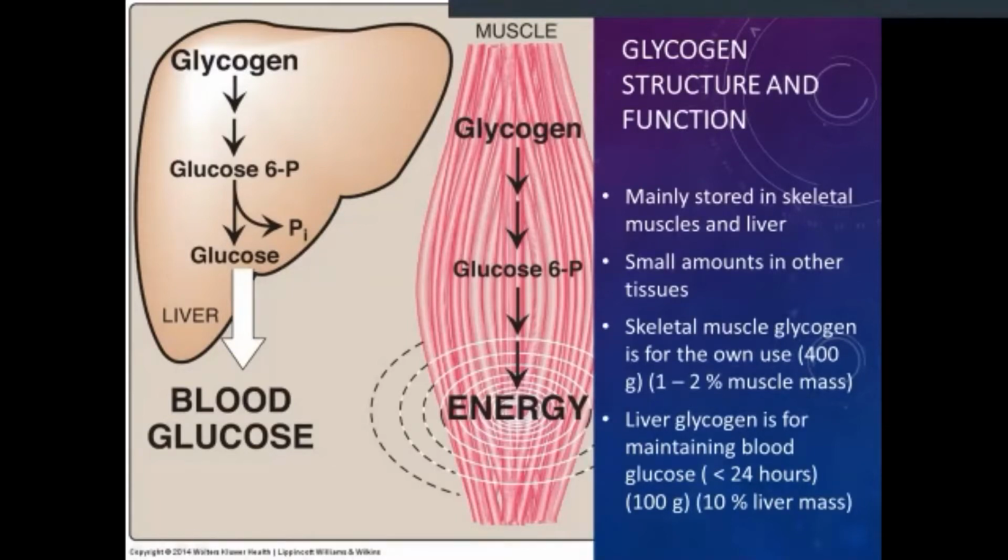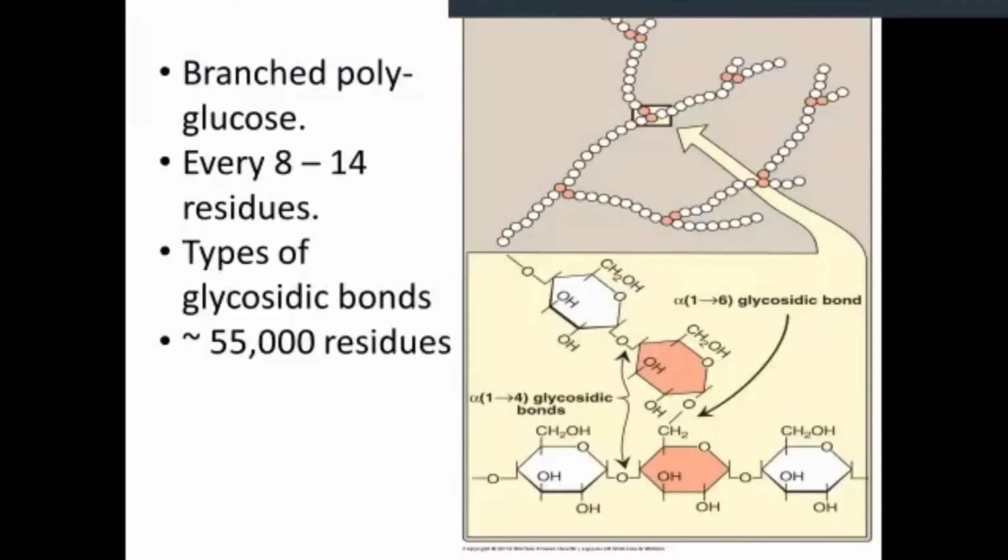That is going to be consumed in the first 24 hours of fasting or starvation, and these 100 grams represent 10% of the liver, so it's a huge amount according to the liver weight or size. So the glycogen, again, as you might know from basic biology, and we mentioned some information about glycogen when we talked about carbohydrates as a polymer.